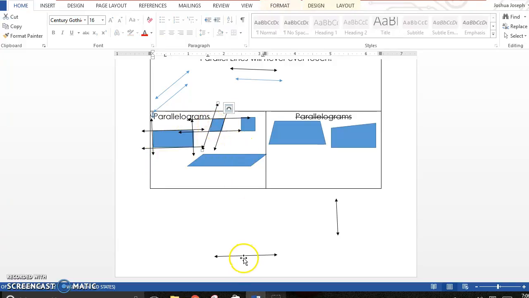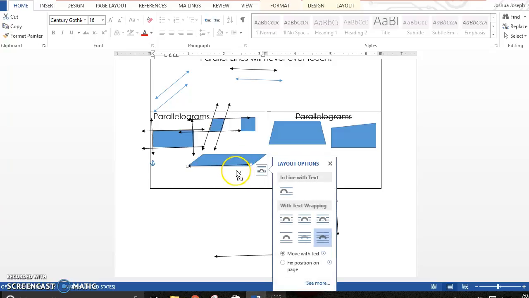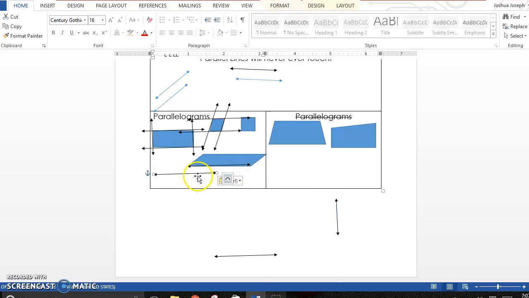Now, let's look at this quadrilateral. It's called a parallelogram. And you notice the bottom of the parallelogram and the top of the parallelogram will never ever touch, the opposite sides. And if you notice these opposite sides, this side will never, ever, ever touch this side.